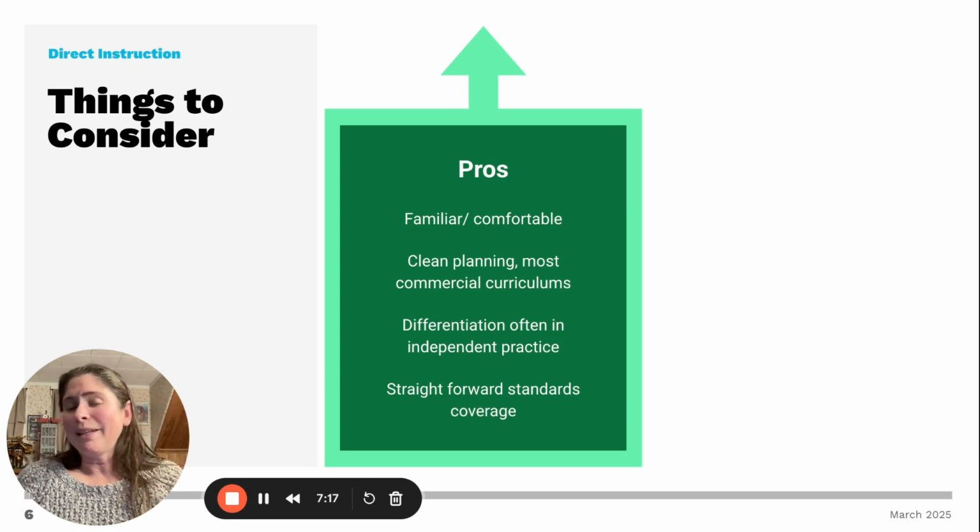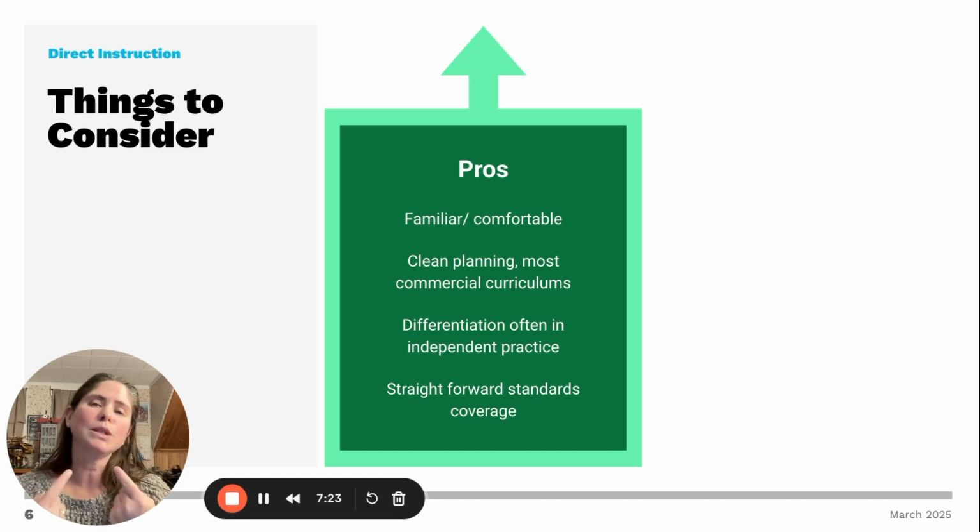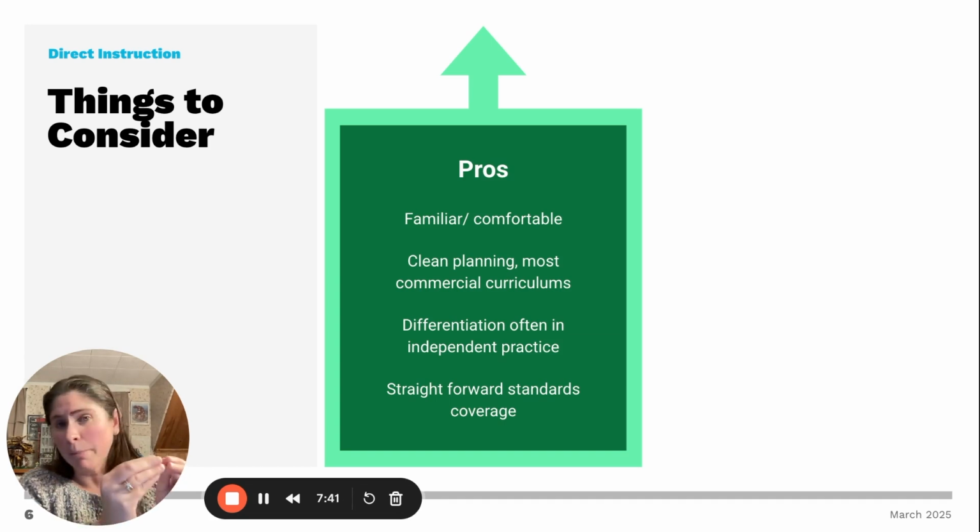When it comes to planning, direct instruction is pretty clean because the focus is on what you are going to do as a teacher, and you have control over that. Most commercial curriculums also tend to write things in a direct instruction type of format. The differentiation part of direct instruction tends to be limited to the independent practice, and so that makes the planning a little bit easier as well.